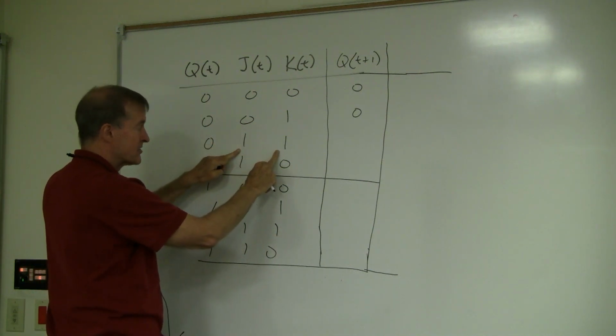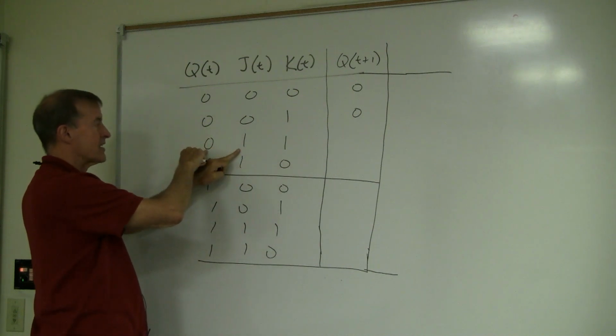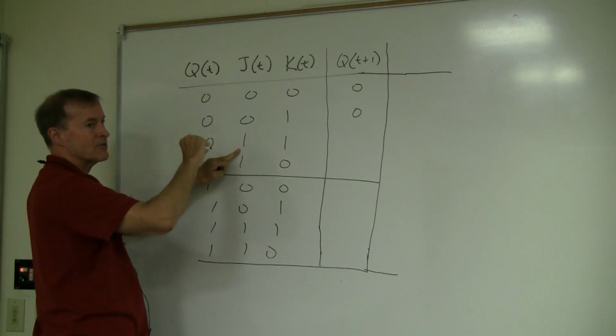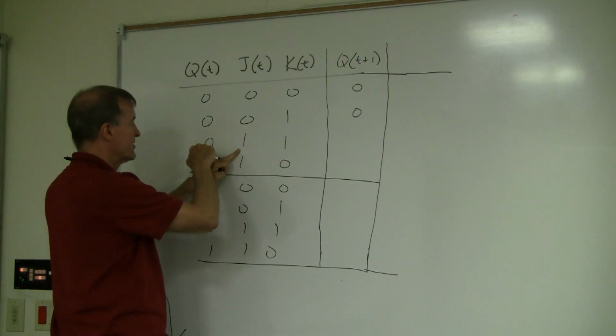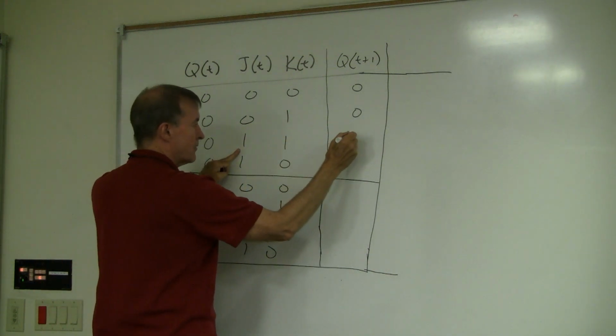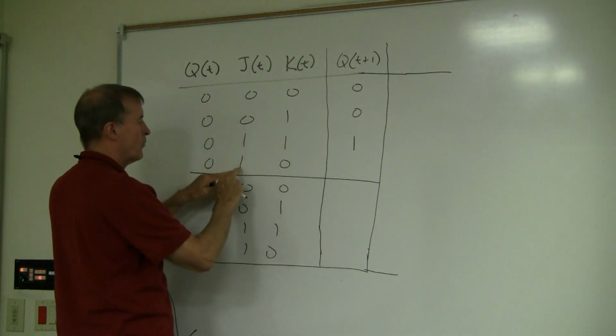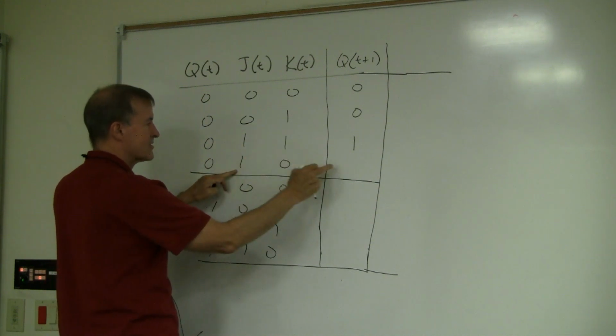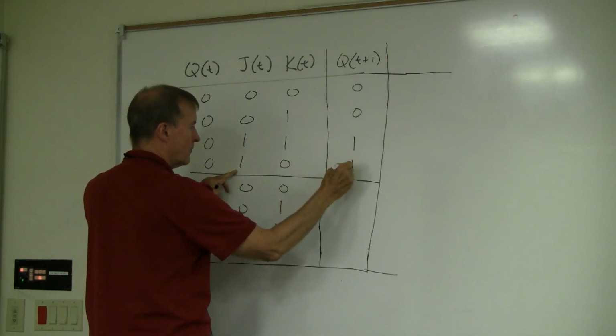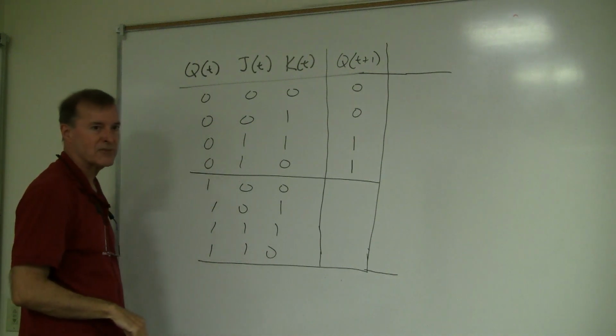Toggle. If the original state is 0, then to toggle means to flip it, so it will flip to 1. And 1, 0, what condition is that? Set. So regardless of what Q was, the next state has to be 1. Is everybody following us?